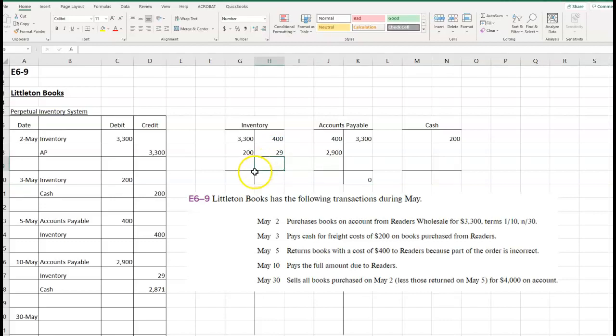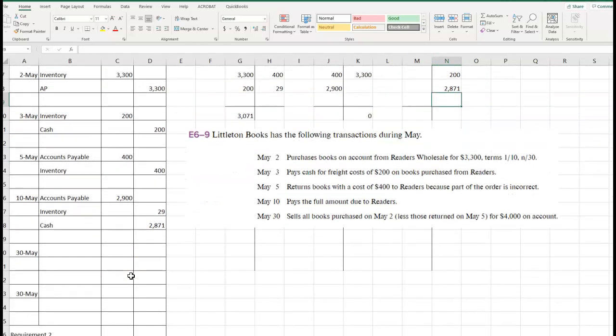That makes that balance, it's a debit balance because it's an asset, $3,300 plus the $200 freight minus the return of $400 minus the discount of $29. That makes that balance $3,071. And then we'll post cash $2,871. And we don't need to worry about that. They probably had a beginning balance and we just didn't know about it.